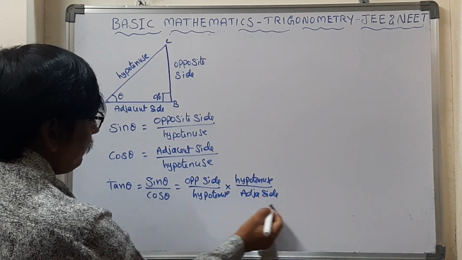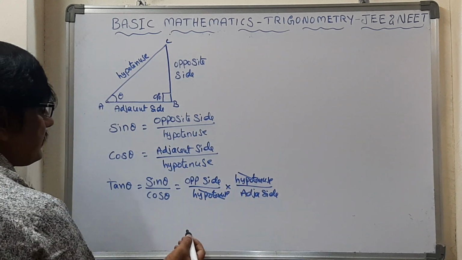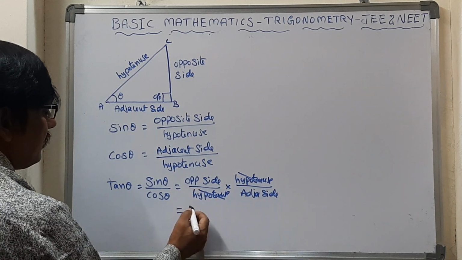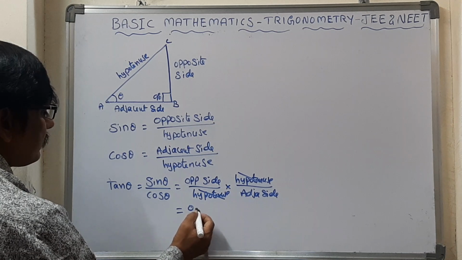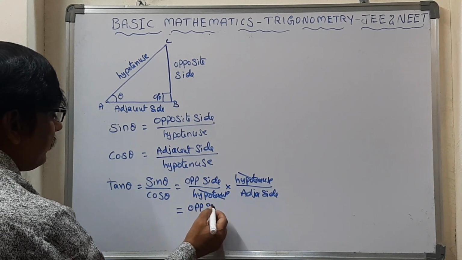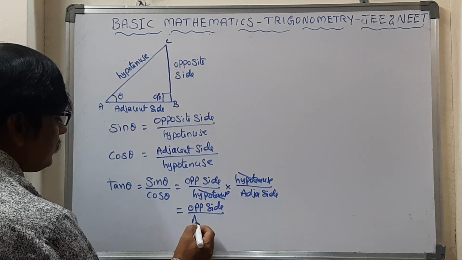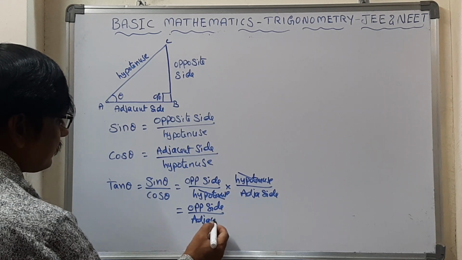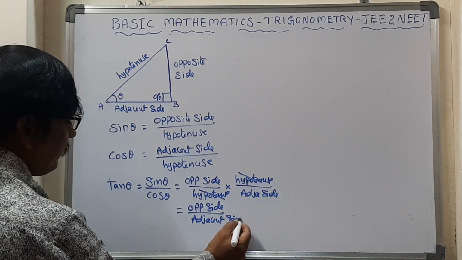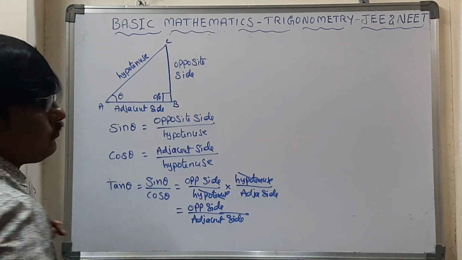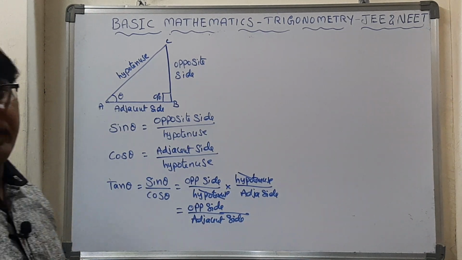Hypotenuse and hypotenuse get cancelled. Ultimately what is left is opposite side by adjacent side, which we call tan theta. So these are the basic trigonometric functions.